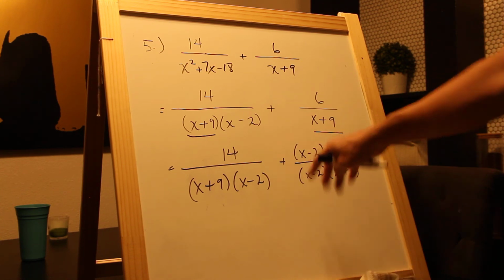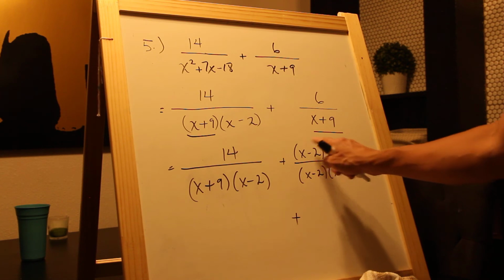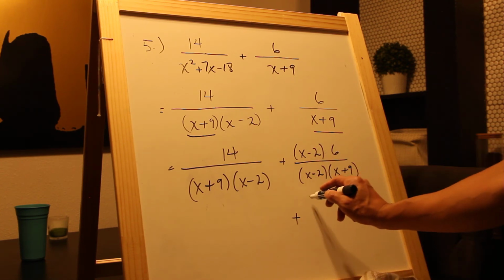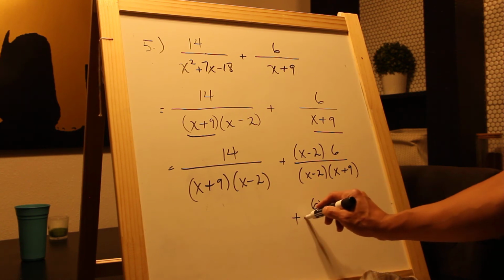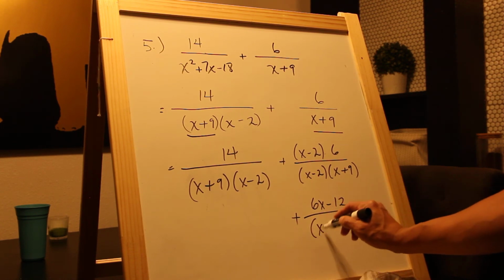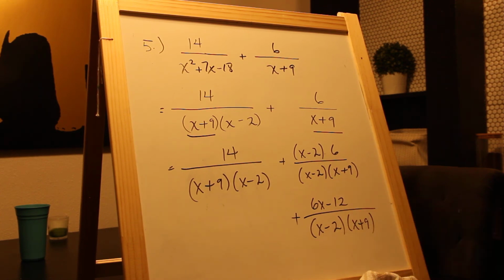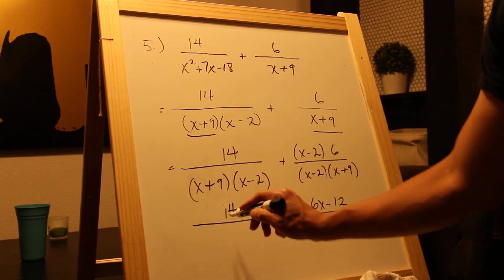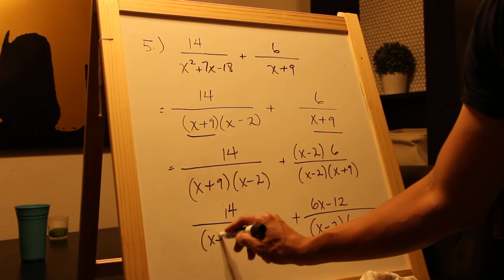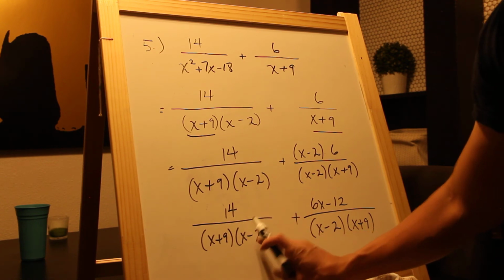So here I'm going to distribute the 6 into x minus 2. So this is 6x minus 12, all that divided by x minus 2 times x plus 9. And then the same thing over here. The first fraction still does not change.